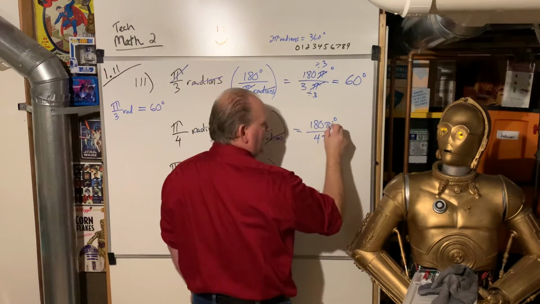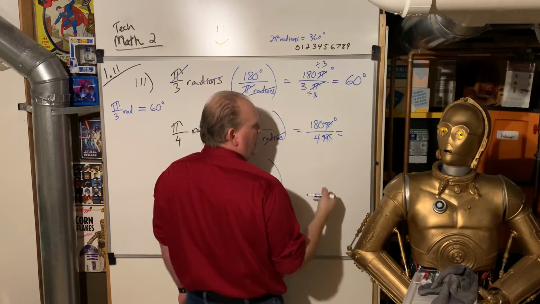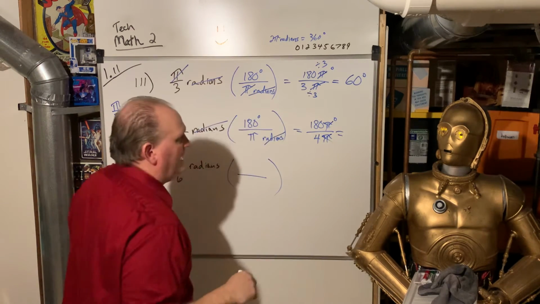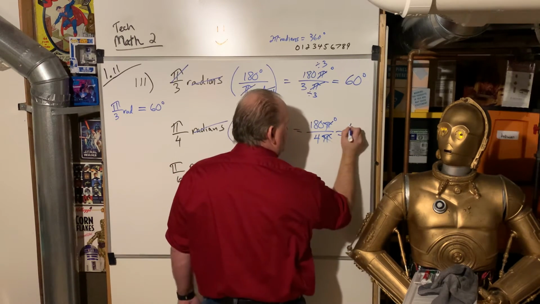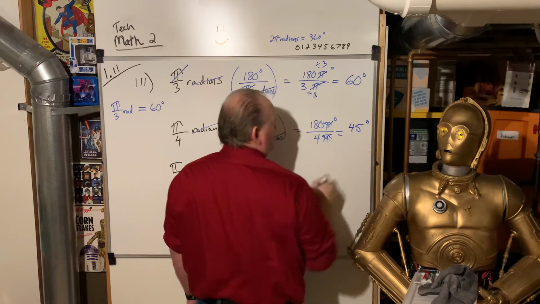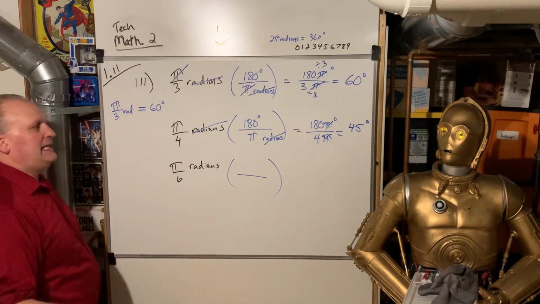And so now the pi's cancel off or divide out. You divide both top and bottom by that. Let's see, half and half. So divide by 4, top and bottom. That's 45 degrees. So 45 degrees is the same as pi over 4 radians.